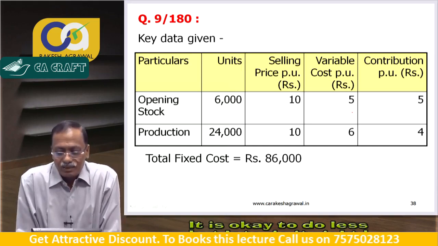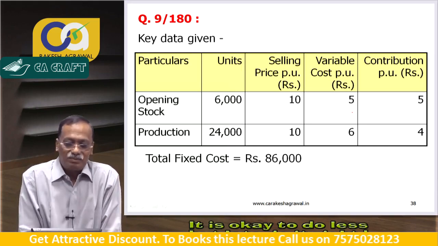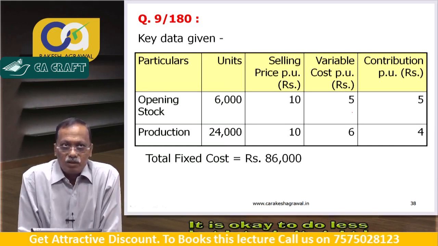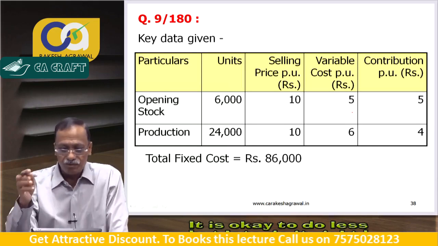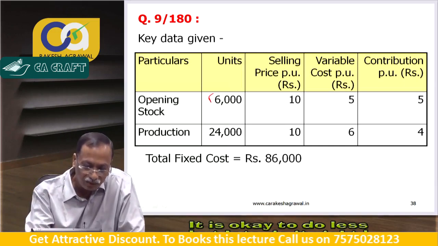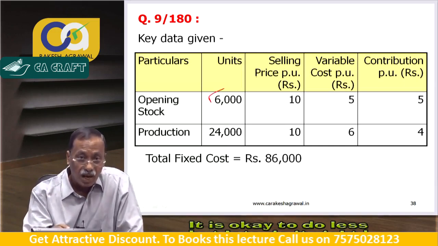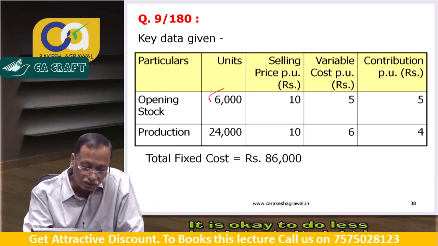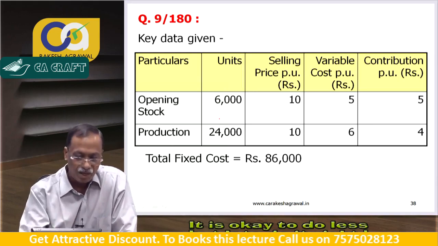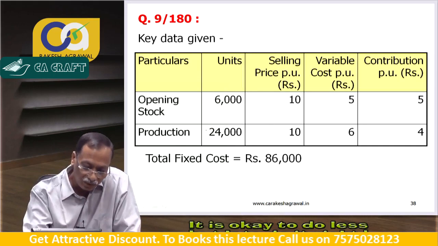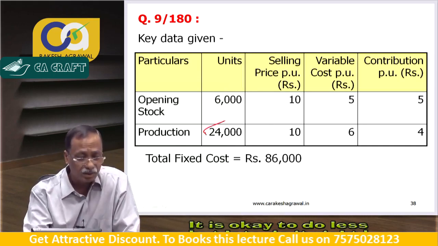Okay, now I'll discuss the answer right now before writing the fair answer. First in, first out means what? Based on your intermediate experience, first in, first out means you will first sell these units, and thereafter, after finishing these 6,000, then you will sell these units, correct? If you go by last in, first out, then you will sell these units first, and then if required, you will touch these units, correct?